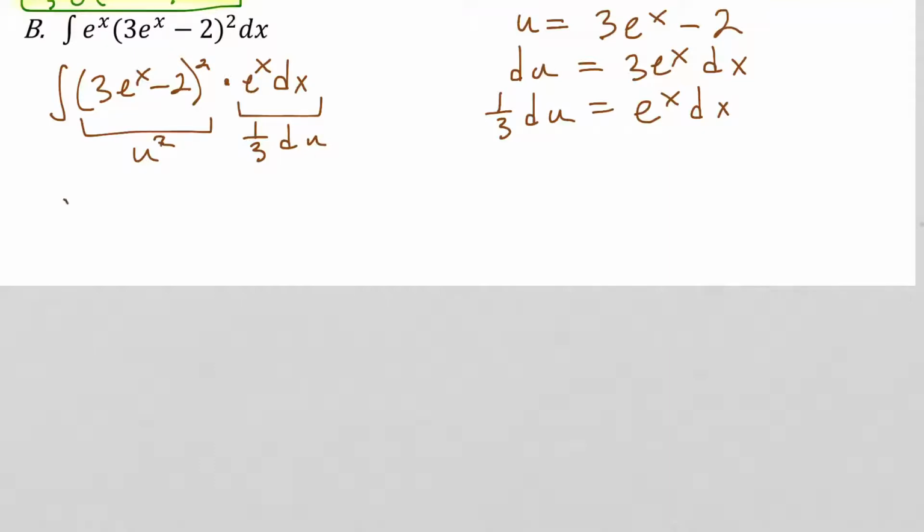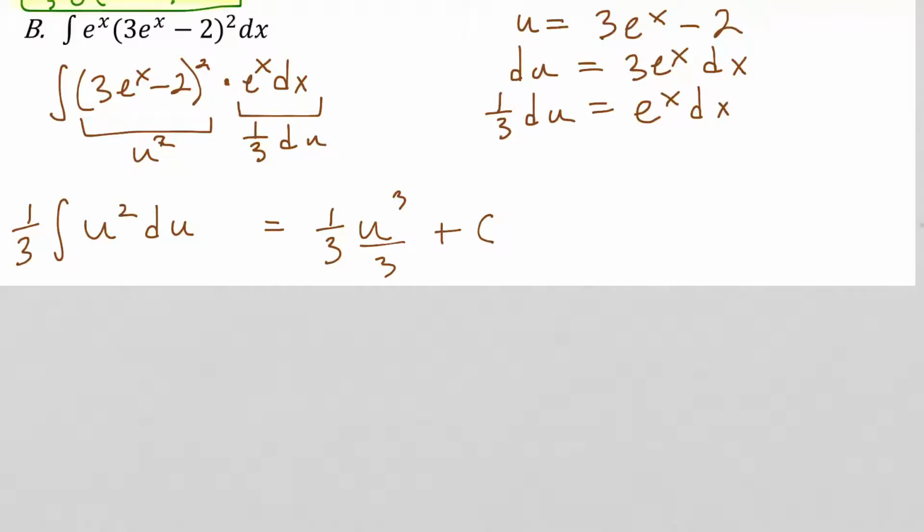So I have the integral of u squared, but the 1/3 in front, du. So if I integrate that, I'll get 1/3 u to the 3 divided by 3 plus c.